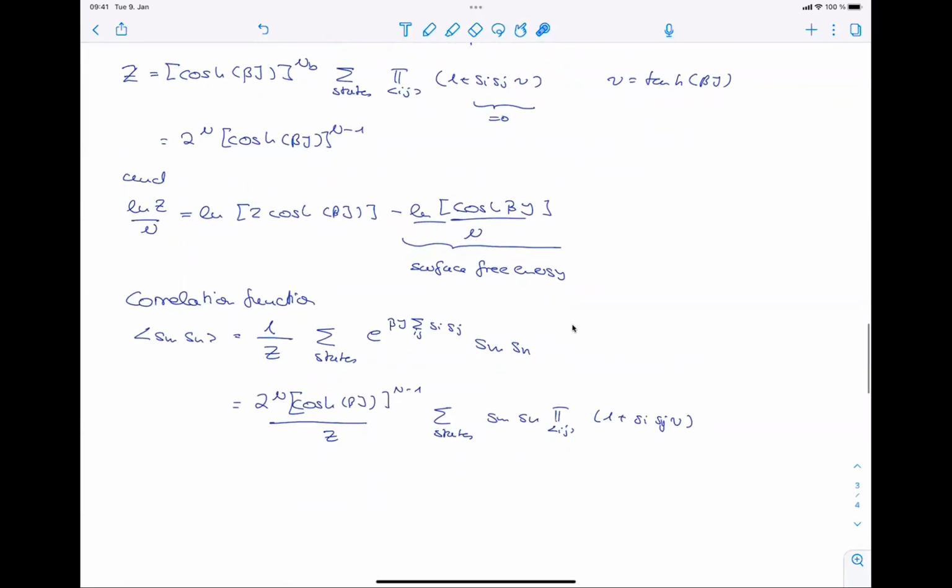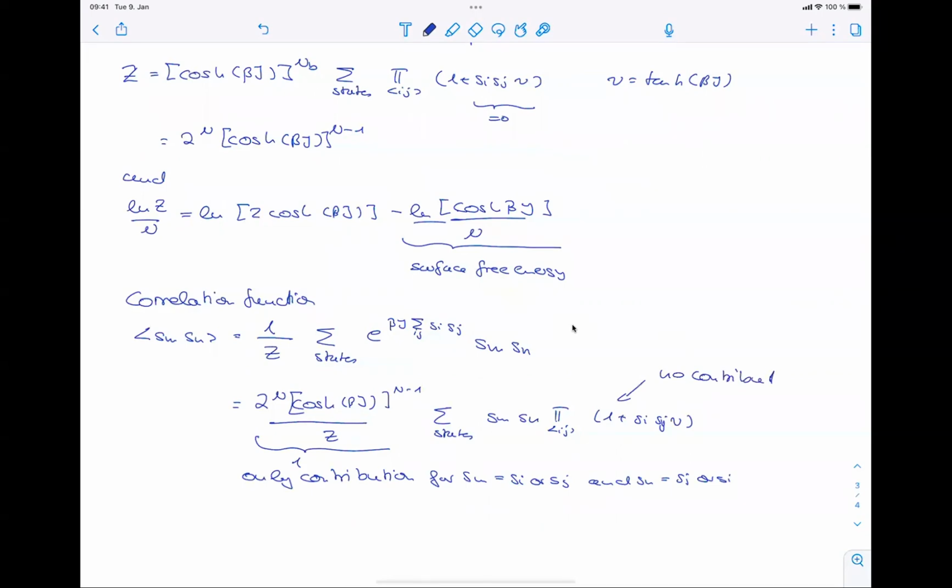So we get the only contribution for S_m equal S_i or S_j, and S_n equal S_j or S_i. This gives a 1 because we just have the partition function up there. Again, this has no contribution because there's an odd exponent.